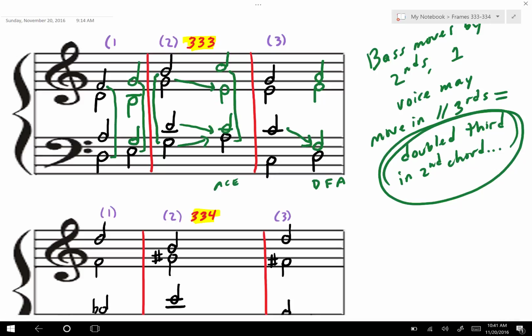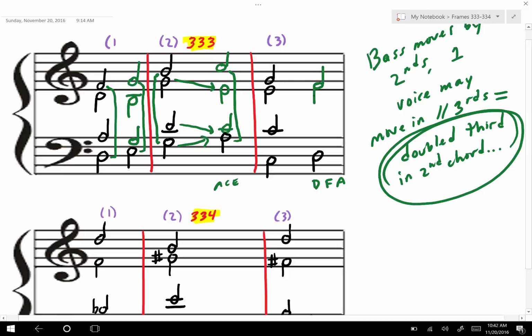In the second chord, this person was absolutely correct in that they doubled the third, because I do see 2 Fs. So we want to keep 2 Fs, but what if we switched the alto and tenor voices, and had the soprano sing the F with the altos?